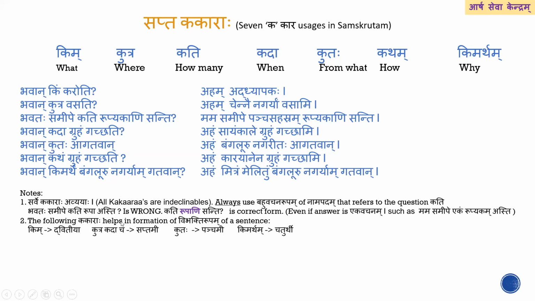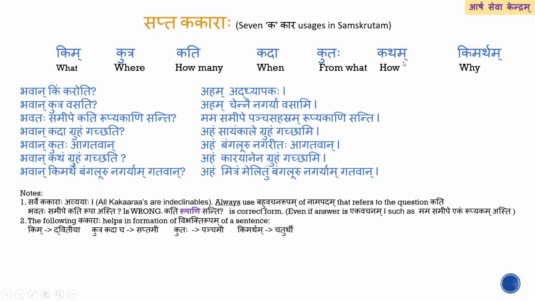Vanam gacchati, agreed. So like that I can say, I did not use here Katham. Katham is Tritiya. Katham griham gacchati, karayanena. This is Tritiya. So like that Katham, Tritiya normally can come, but need not be. Bhavan kadam asti, it's a Prathama Vibhakti.